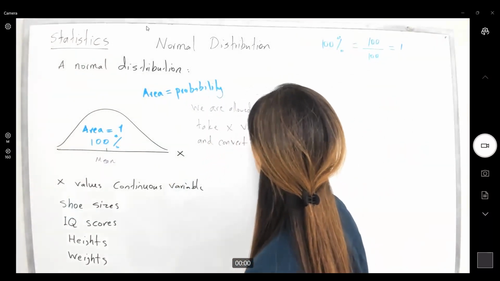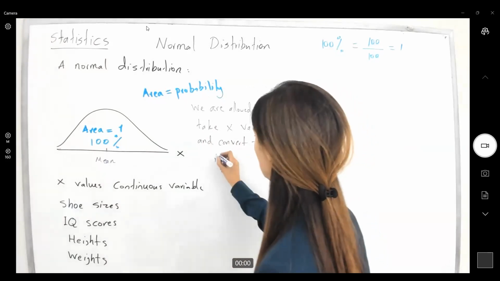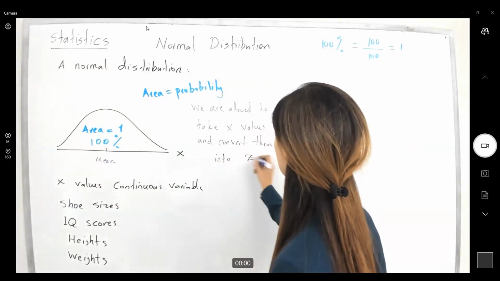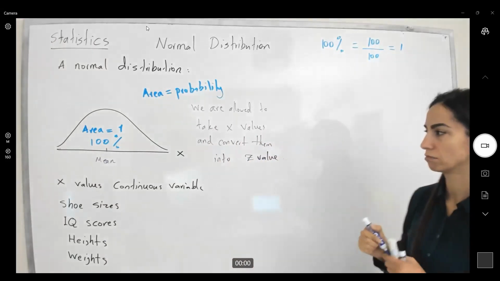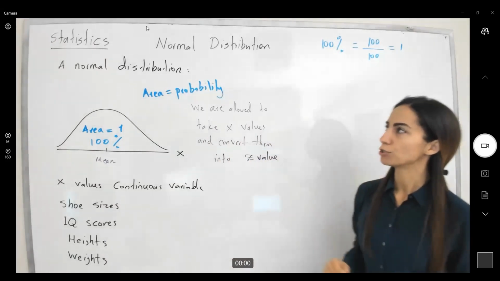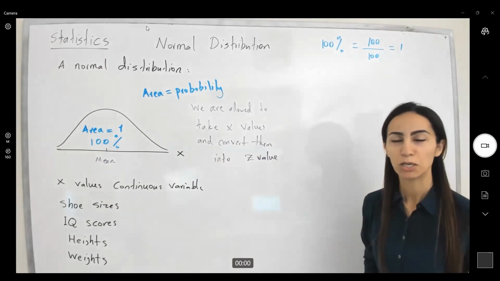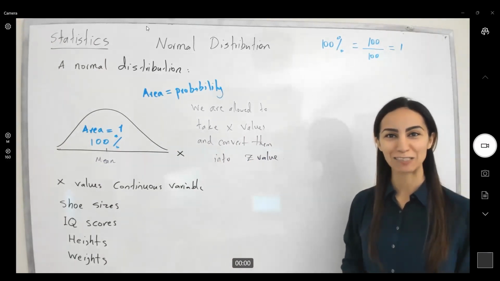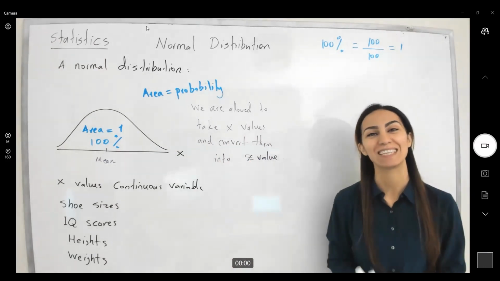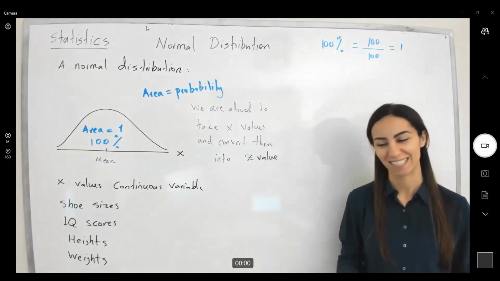Here we're going to use a nice formula as a machine and convert X values into some new data that we call Z.